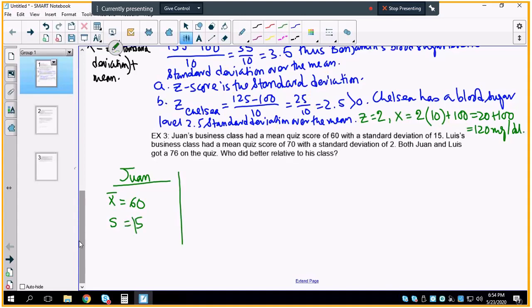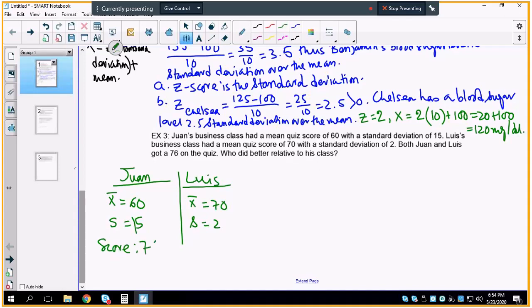Whereas there is one other student, Luis, who is in a business class as well, and his mean quiz score is 70, and the standard deviation is 2. Both Juan and Luis got a 76.